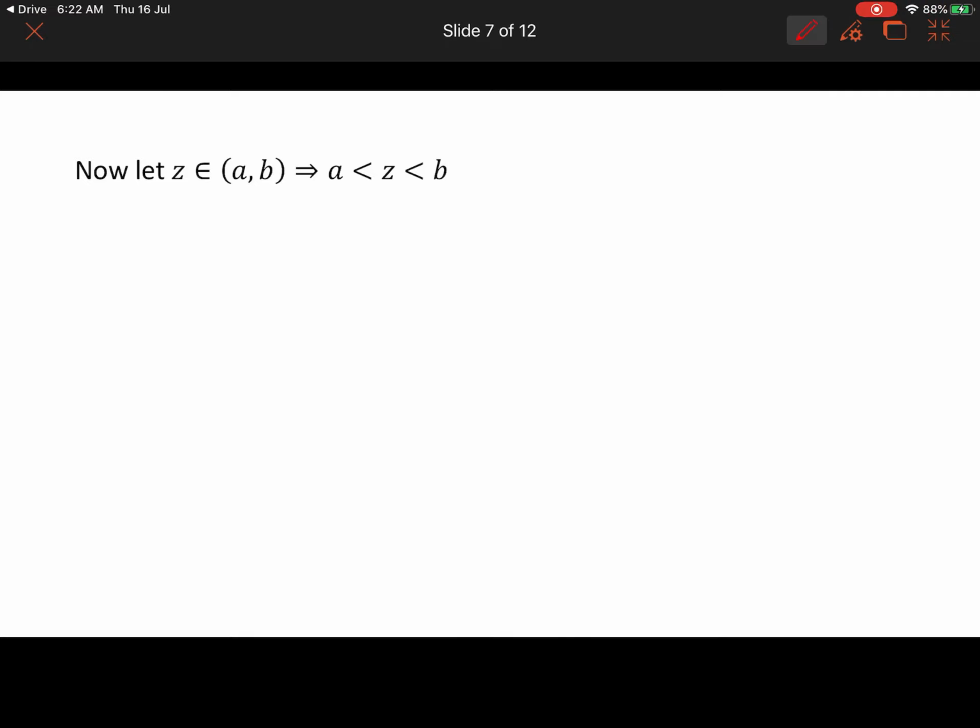Now I am taking Z as an element of open interval AB. Z is in open interval AB means A less than Z less than B. Now I am considering this part. A less than Z, or Z is greater than A. Who is A?